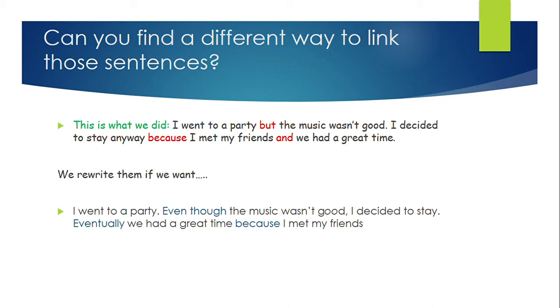We went to a party. Even though the music was not good, I decided to stay. So in place of but, you can use even though. I decided to stay anyway because I met my friends. In the place of because, you can use here eventually. Eventually, we had a great time.